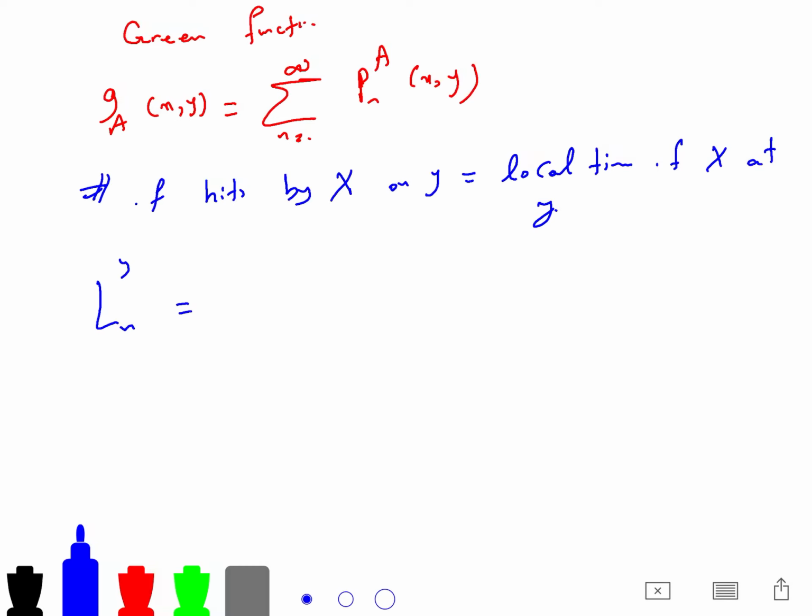This is because we are counting the number of hits by x: we are summing from r=0 to n-1 of the indicator function, so whenever X_r is y it is 1. We are just counting the number of hits by x on y.